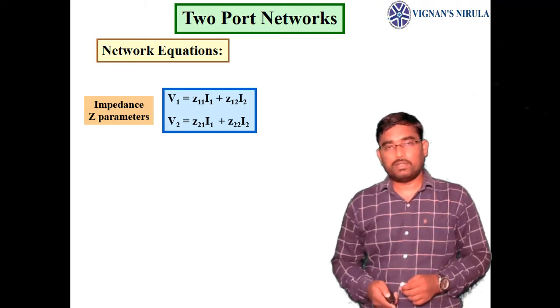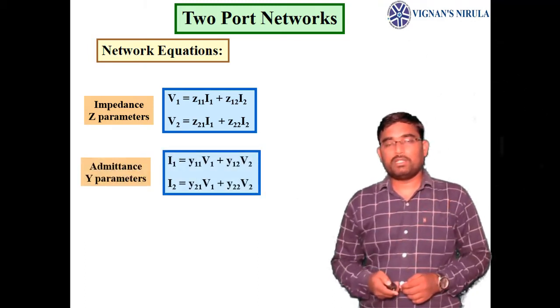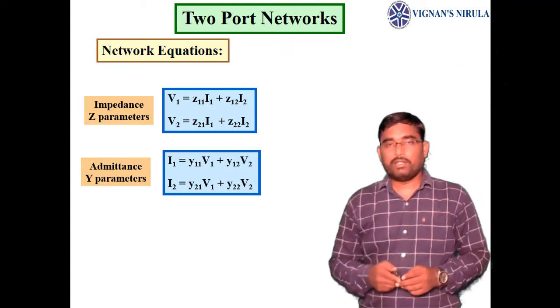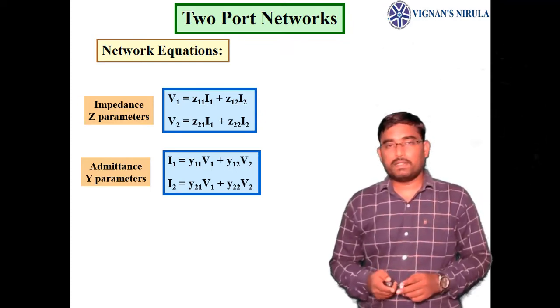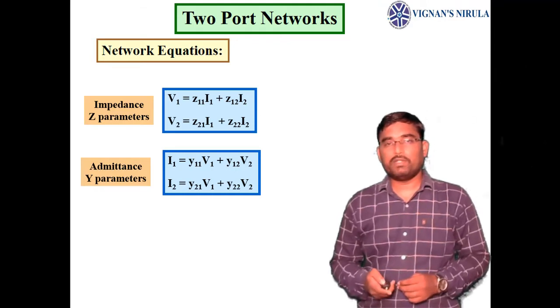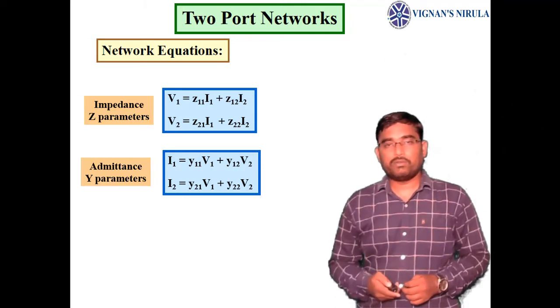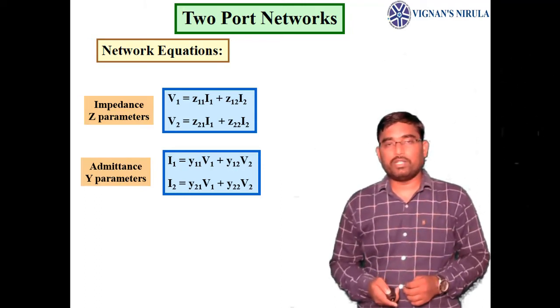Similarly, the admittance parameters, also called Y parameters, are used to express the port 1 and port 2 currents I1, I2 in terms of the port 1 and port 2 voltages V1, V2. I1 equals Y11 V1 plus Y12 V2, and I2 equals Y21 V1 plus Y22 V2.